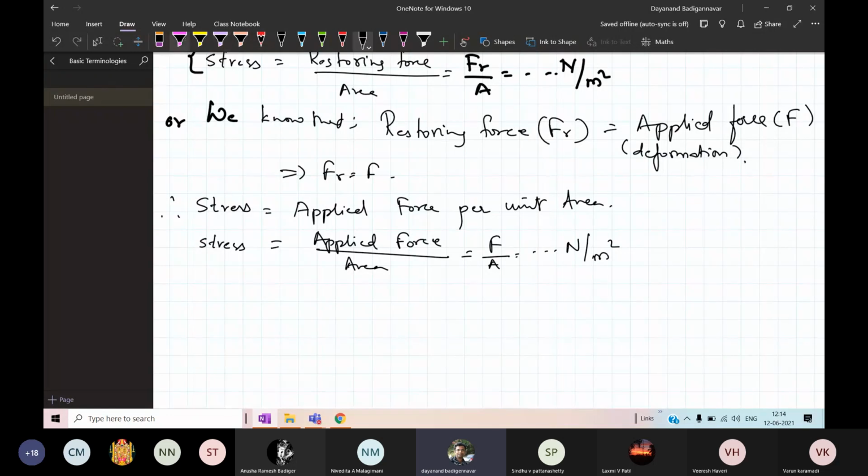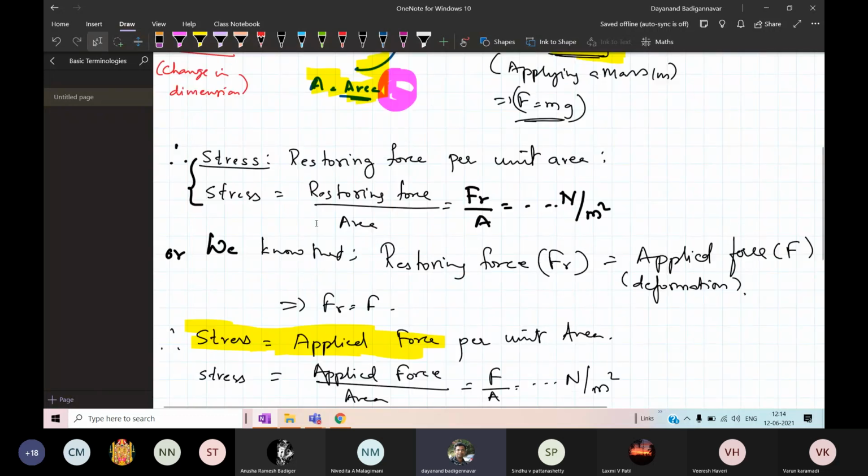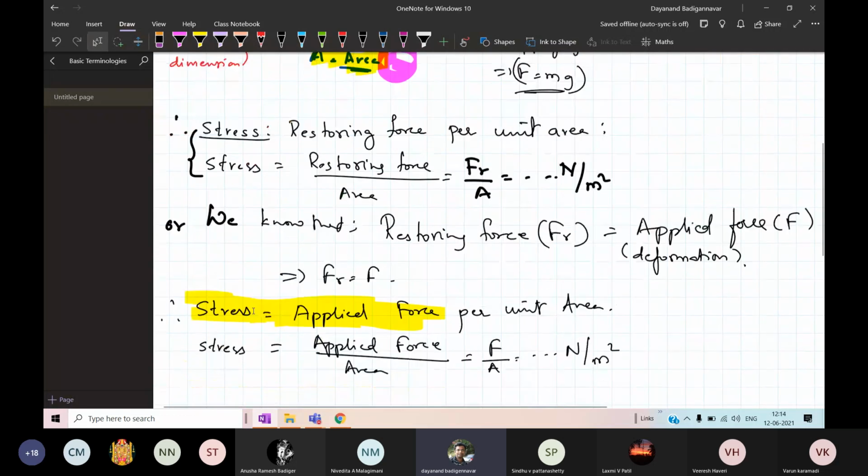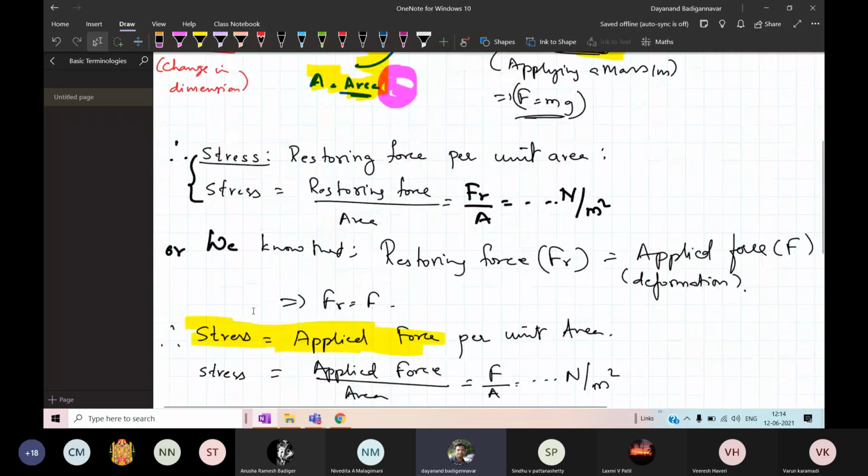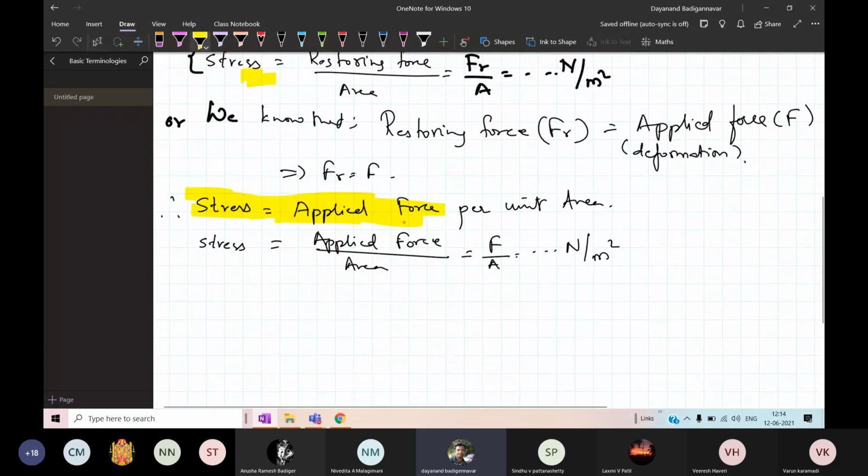Keep in mind we usually define the stress in terms of applied force. We are not defining it in terms of the restoring force, but sometimes we can define it like this. But remember, the main definition in most of the texts is applied force per unit area.